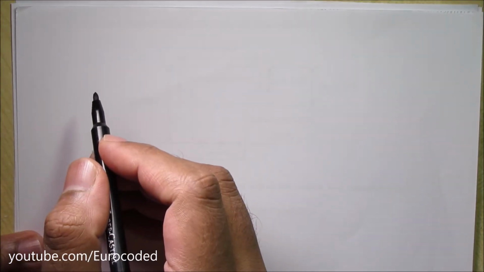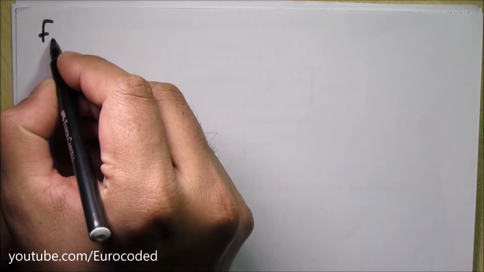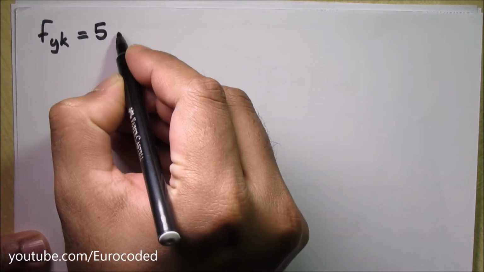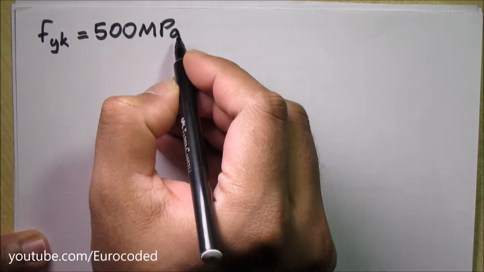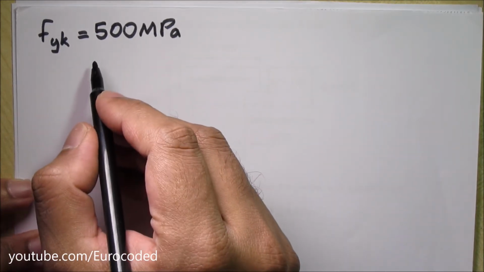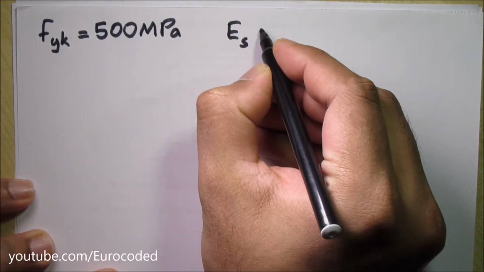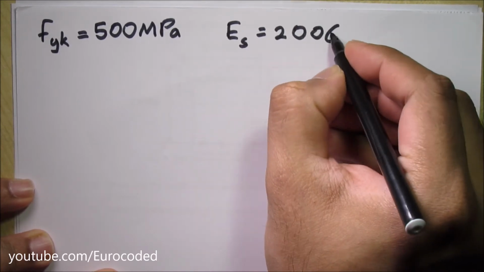Now let's write down the values which are not given in the question. Fyk is equal to 500 megapascals. Fyk is the characteristic yield strength of reinforcement. Es is equal to 200 gigapascals.